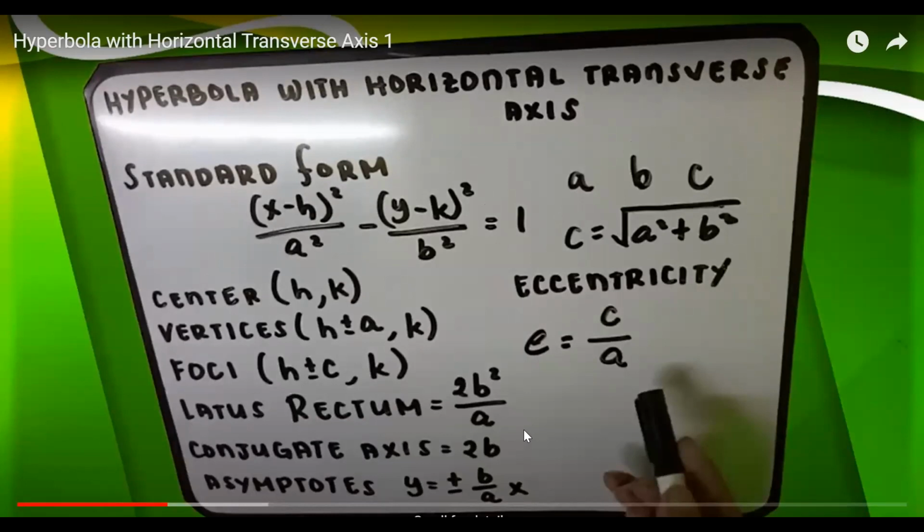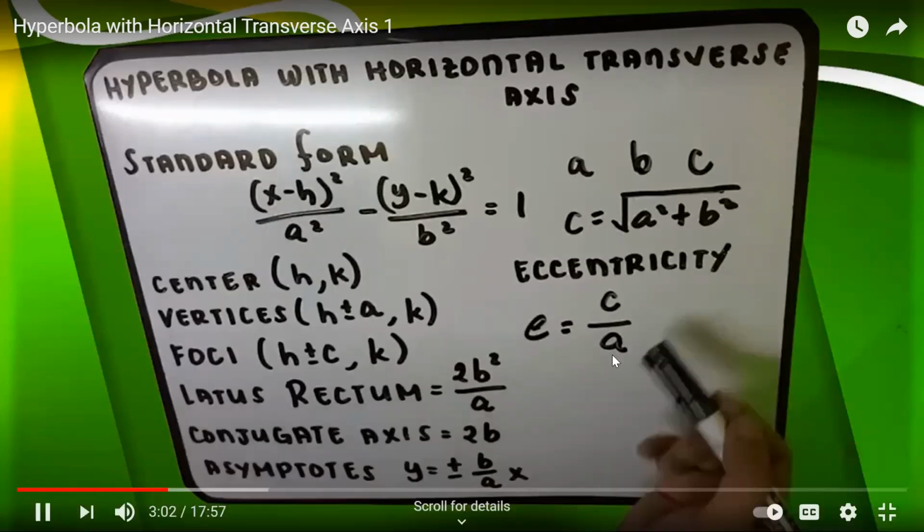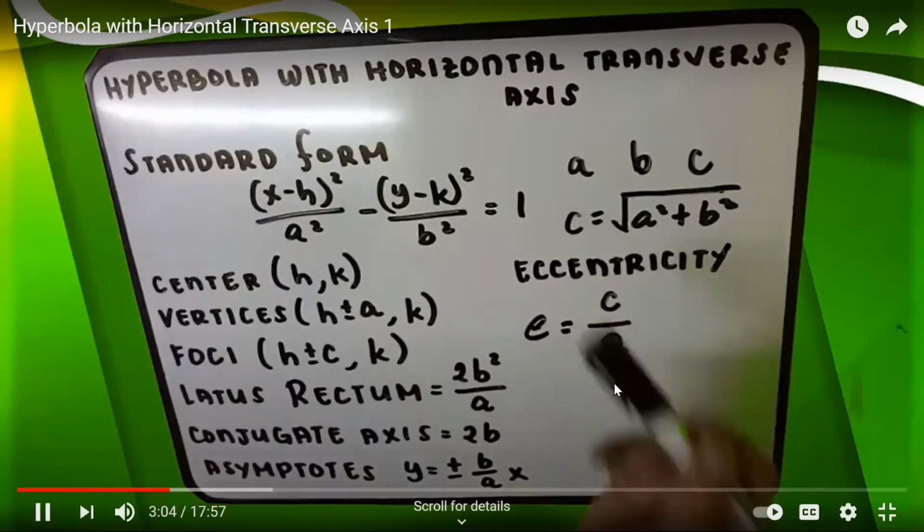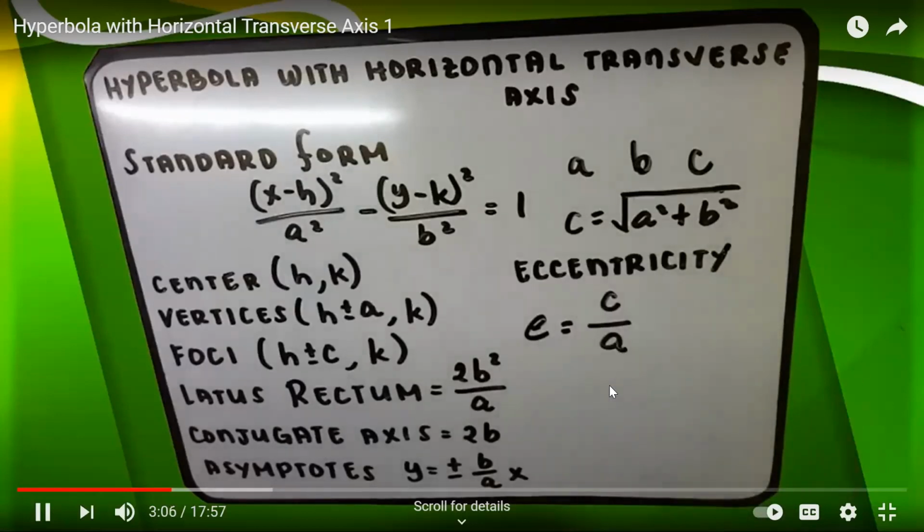So that is y is equal to positive, negative b over a multiplied by x. That is not a raised to x. And eccentricity is C over A. So gagamitin din natin si C dito kay eccentricity.